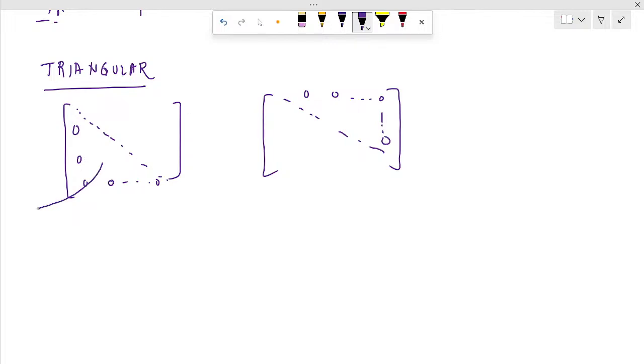This is called the upper triangular matrix, and this is called the lower triangular matrix. For such matrices, the eigenvalues are nothing but the diagonal entries only.